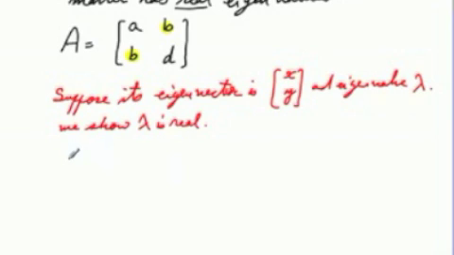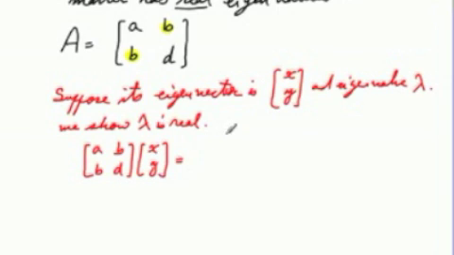First, if this is the eigenvector and that's the eigenvalue, then if I have the matrix (a, b; b, d) times (x, y), what am I supposed to get? Lambda times (x, y), is that right? If you are selling this to me as an eigenvector and that as an eigenvalue, then you are telling me this is true.